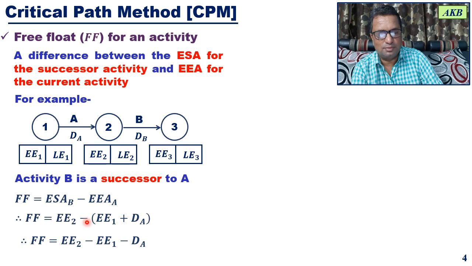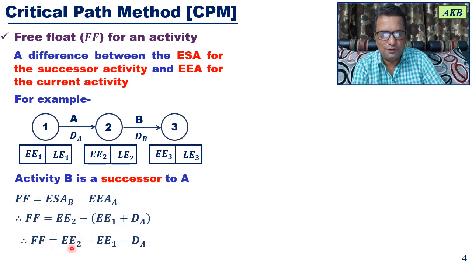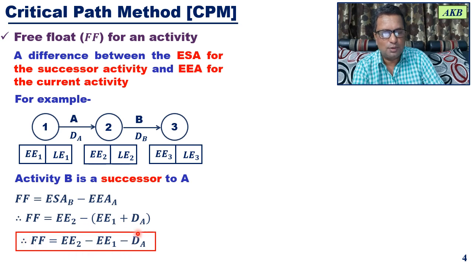So we are multiplying the negative sign into the bracket. This will be free float equal to EE2 minus EE1 minus DA, and that is the final equation for calculating free float.